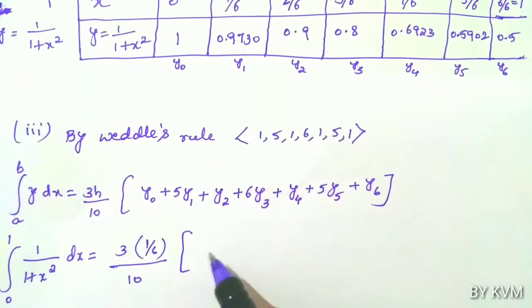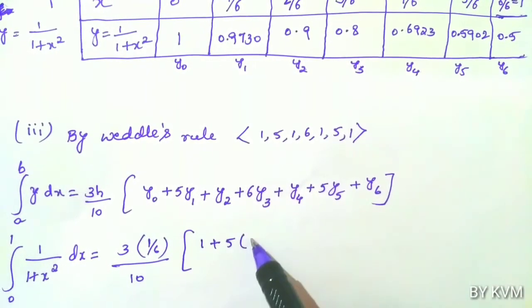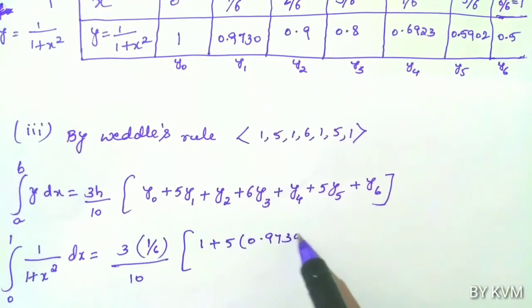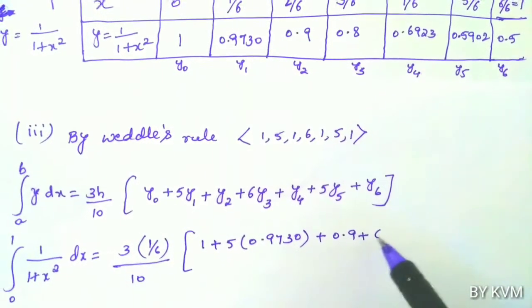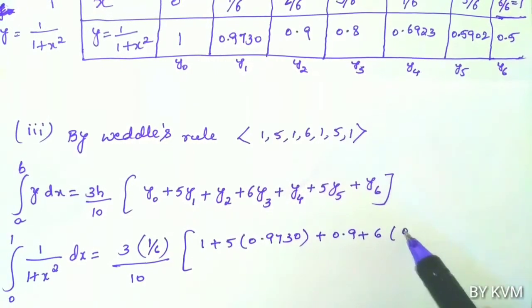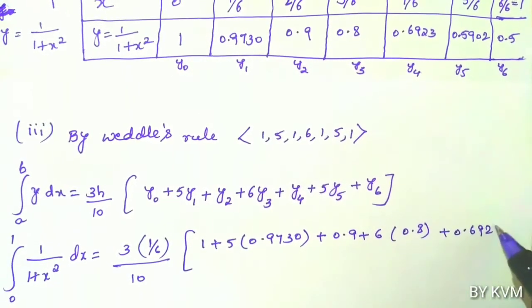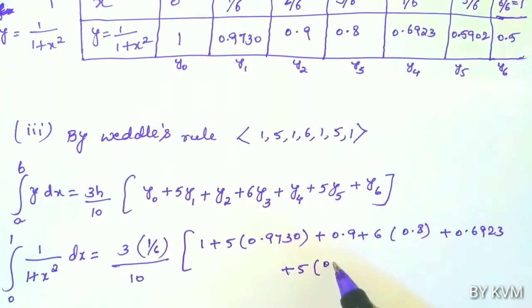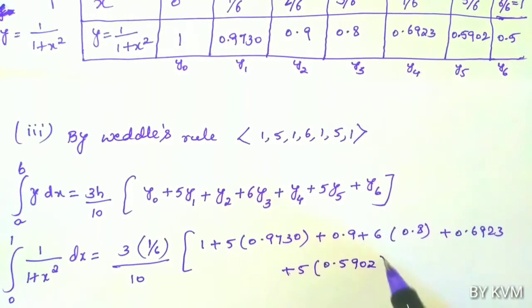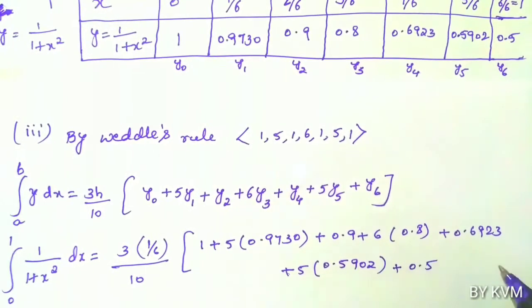into y0. What is the value of y0? y0 is 1. 5 into y1, 5 into 0.9730 plus y2 is 0.9 plus 6 into y3 is 0.8 plus 1 into y4 is 0.6923 plus 5 into y5 is 0.5902 plus y6 is 0.5.